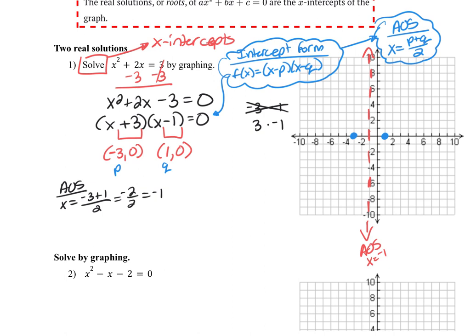My vertex is found by taking my axis of symmetry, okay, we found it to be x equals -1, and just plugging it into our original function. So anywhere I see an x, I'm going to put parentheses. So I have x squared plus 2x minus 3.